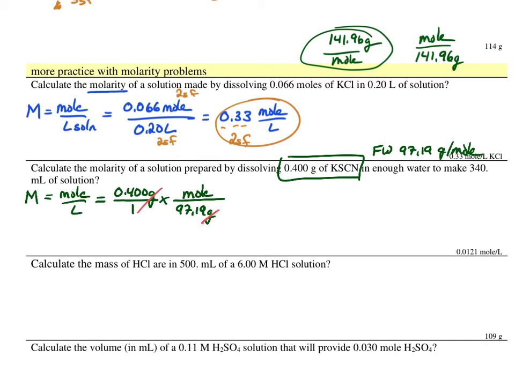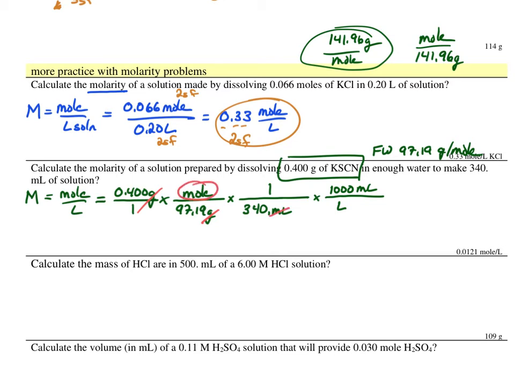because that is the operation that allows us to cancel grams. So now we know the moles of our solute, but we don't know the liters of solution. What we do know is the milliliters of solution. So we can divide by the milliliters of solution and then do our conversion. So let's check our units here. We have moles surviving.